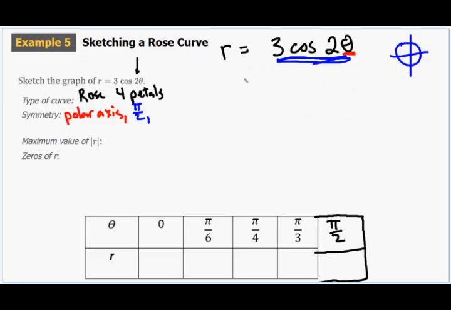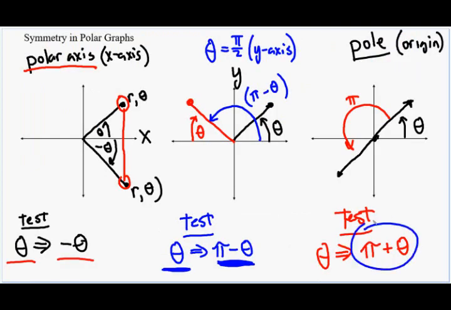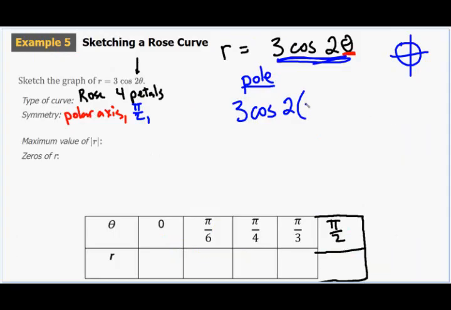Okay, and for the last one, we're going to check pole symmetry or origin symmetry. That means we're going to replace the theta with pi plus theta. Once again, distribute the 2. So now we've got 2 pi plus 2 theta.